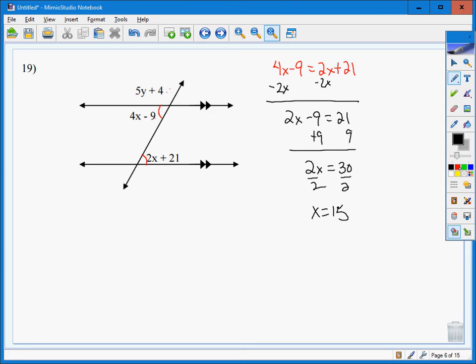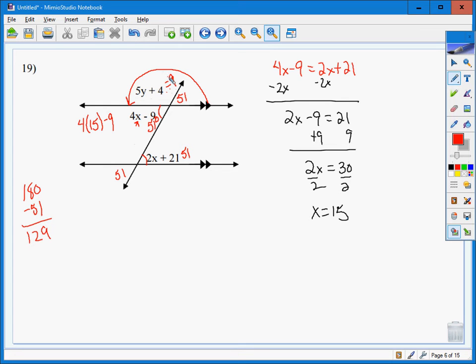Once I know that value, again, I would say plug it back in. 4 times 15 minus 9. This is 51 degrees. To find out how big this angle is, I'd take 180 minus the 51. And I know that the angle that's over on this side has to be 129.